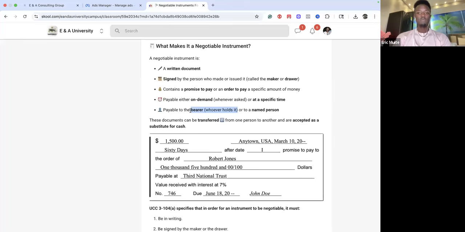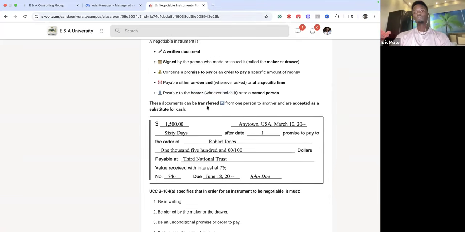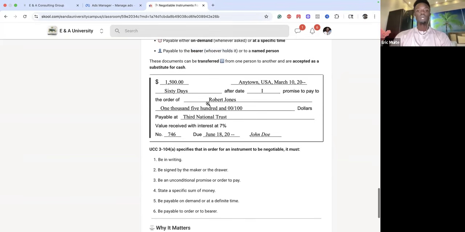No specific name is listed on there. It's like an open book. It was written and provided as an open book, and now whoever has it can claim it. But if you place a name on it, only that individual can claim it. These documents can be transferred from one person to another and accepted as a substitute for cash.